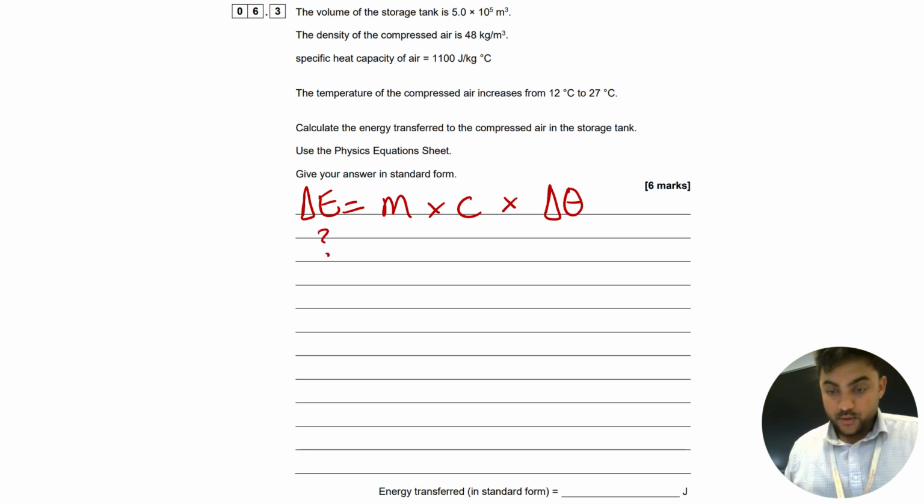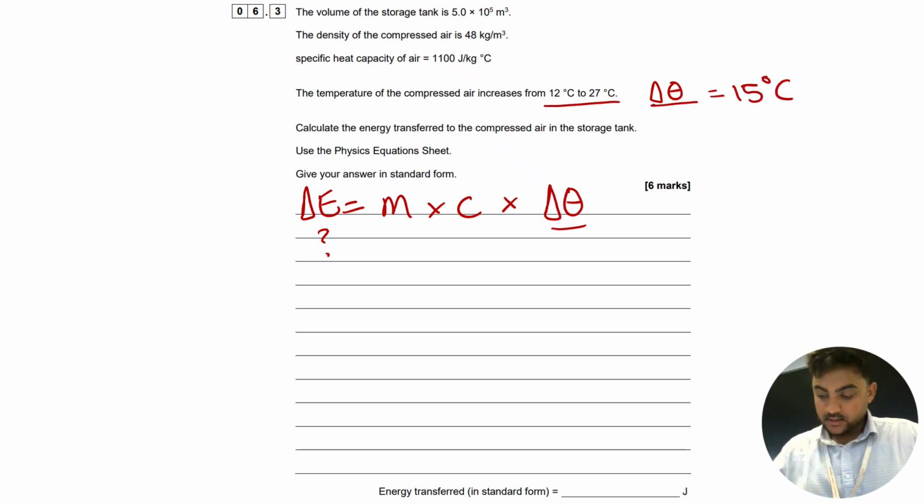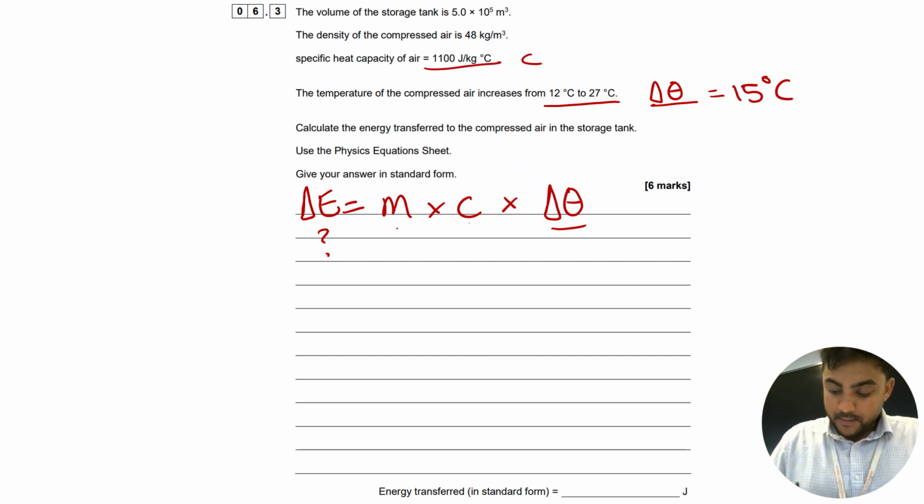We don't know the change in energy, that's what we've been asked to calculate. However, we do know some things. We know the change in temperature is from 12 degrees to 27 degrees, so it actually is 15 degrees Celsius. We know the specific heat capacity, which is right here, but we don't know the mass.